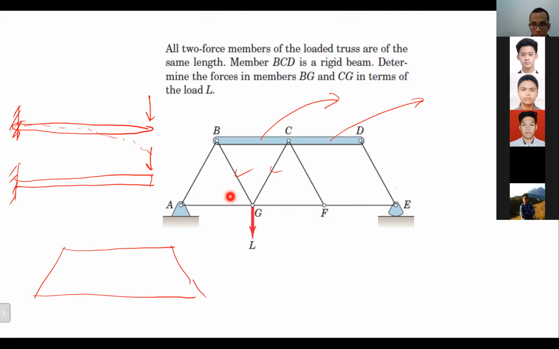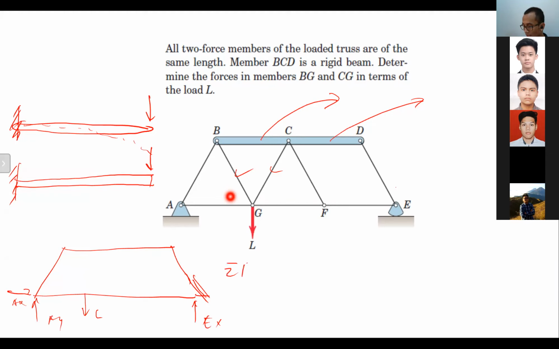It's still a truss system, but BCD you cannot treat as a truss. You have to treat it as another kind of member. So we have AX, AY, and we have EX as well, and we have force L here.